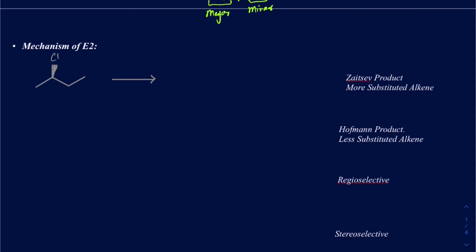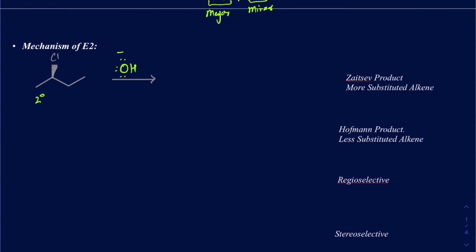I'll pick up a strong small base, so let's say I pick up OH minus. This is a secondary alkyl halide, so it's going to be doing an E2 as your major product. But let's look at how the major products in the E2 mechanism here are going to look.